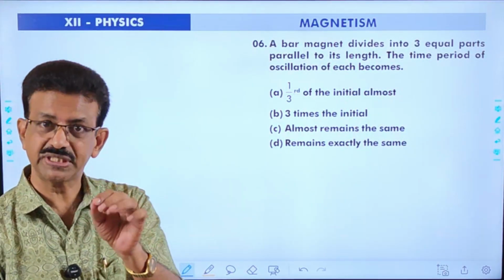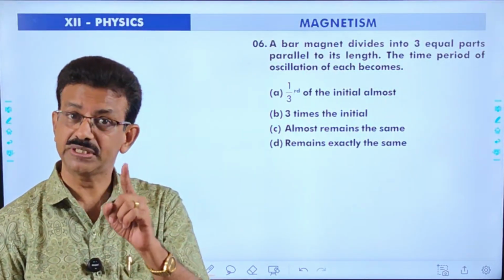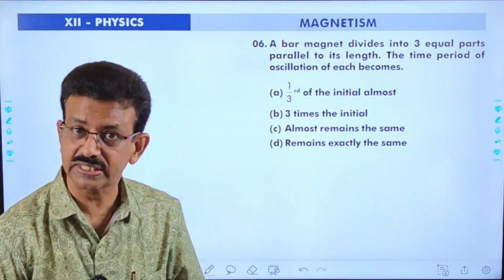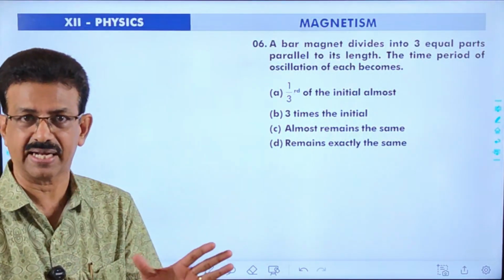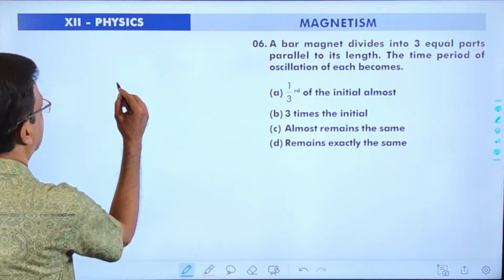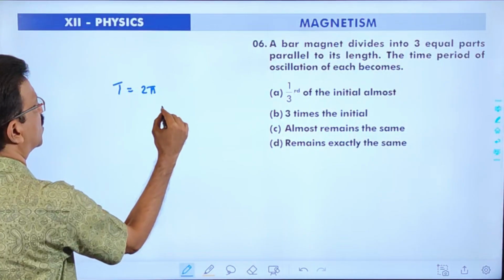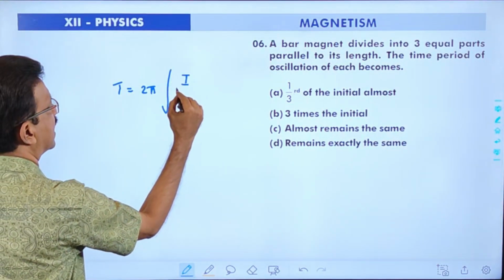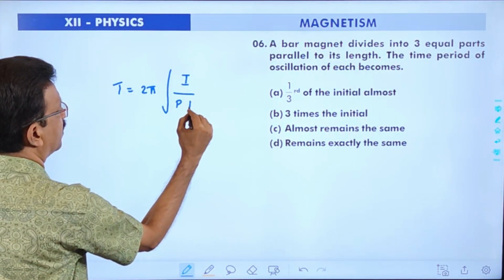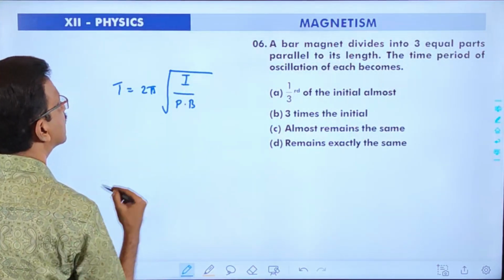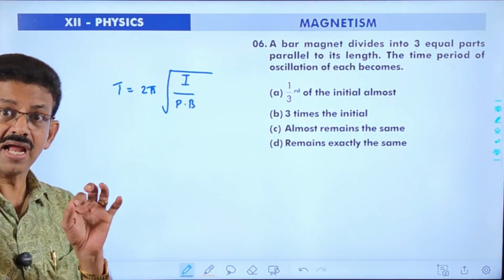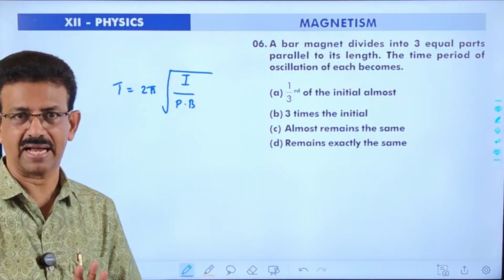And the correct equation, that is the equation for the time period of oscillation of a suspended magnet, is given by T equals 2 pi root of I by P dot B, where I is the moment of inertia of the magnet.